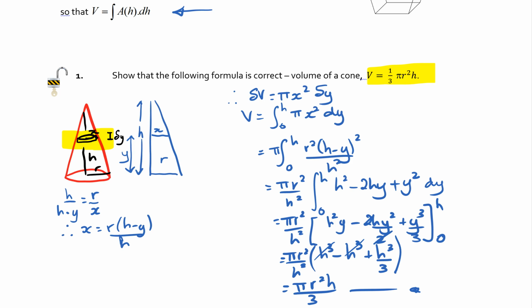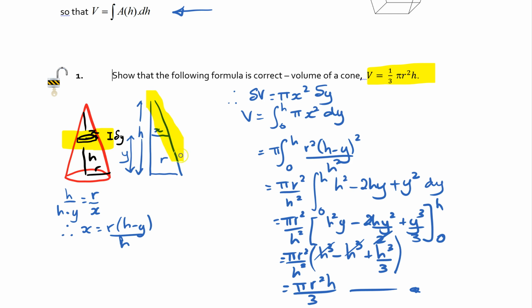But we know that the area of that disc depends on how far up the cone we go. So it depends on the height we're at present. We know that when we're at maximum height, the volume of that disc will be 0, and when we're at minimum height, when we're down on the base, the volume of the disc will be its maximum.